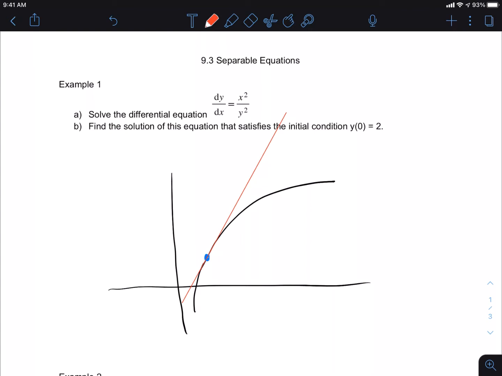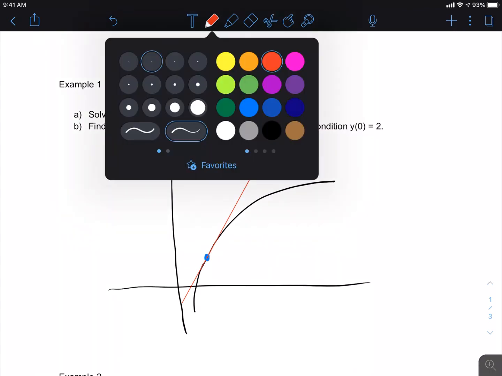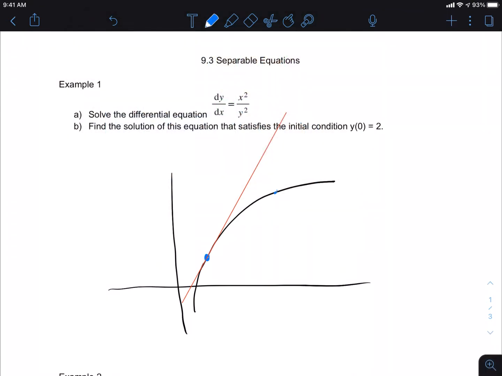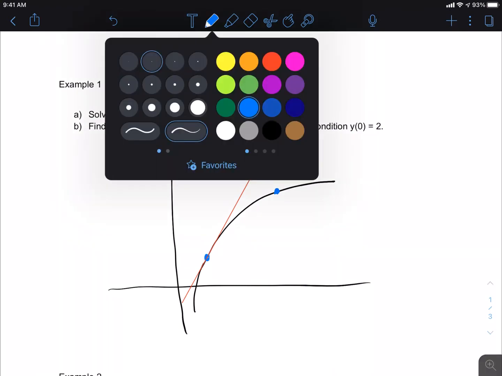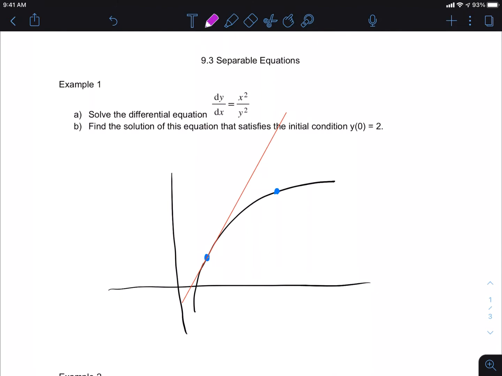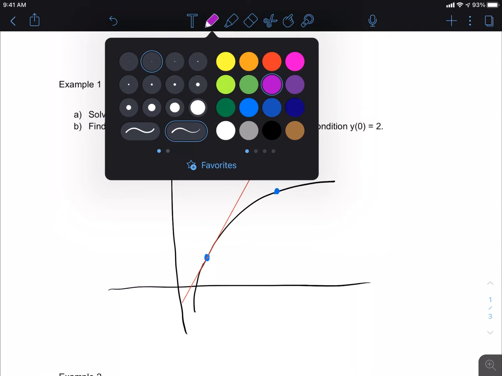Okay, so if it touches the tangent there, at some point here, I wanted to look at the difference between these. It's easy to see. Let me just show you. Okay, so we're going to make a triangle, and I want to use a different color for this triangle.